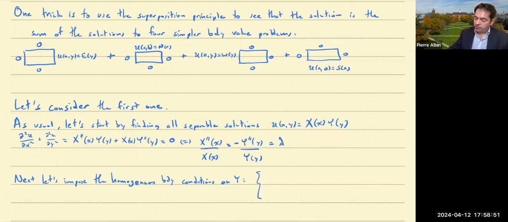So then Y satisfies the boundary value problem: minus Y double prime is equal to lambda Y, Y of 0 is equal to 0, Y of b is equal to 0. And this is a boundary value problem that we've now come across many times.